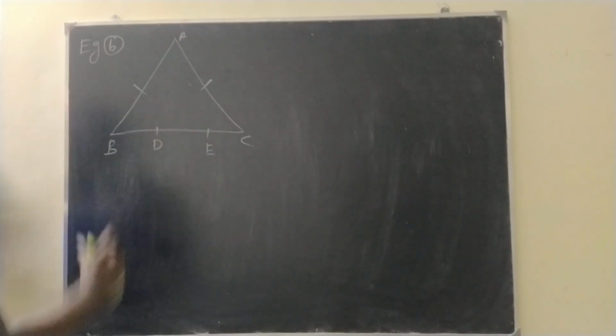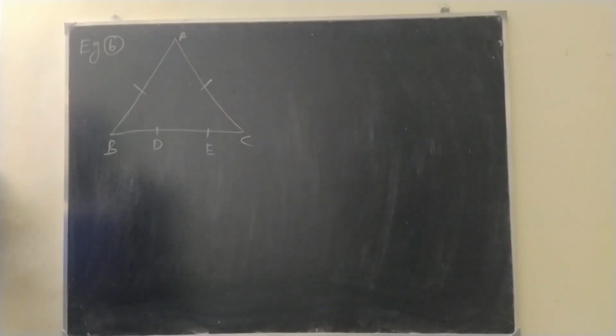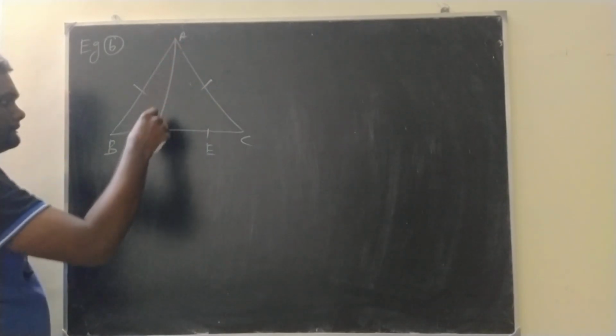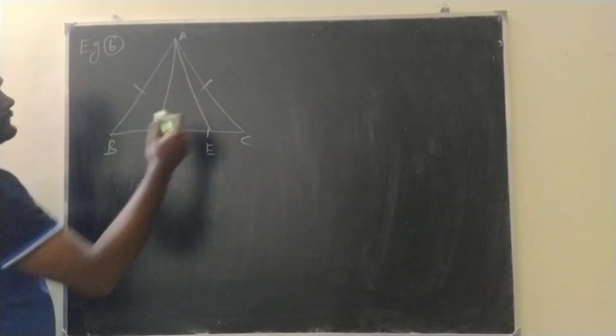This part and this part is equal. We need to prove that AD is equal to AE. AD means this one, AE means this one.